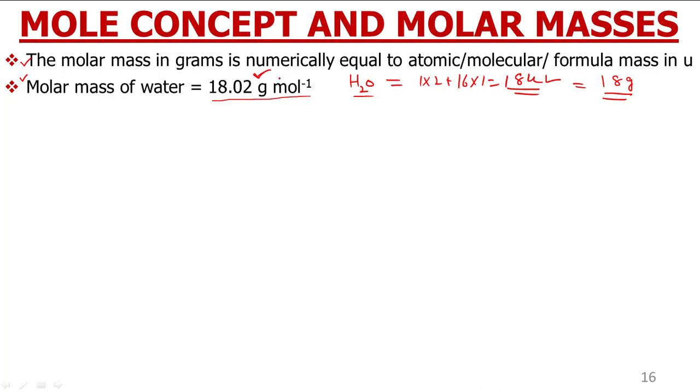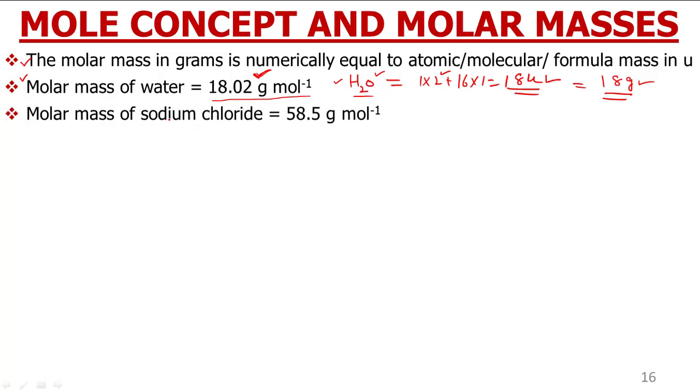If we take average masses, then you will get 18.02. So to calculate the molar mass of anything, just see its formula and calculate its atomic weight from its atoms. That will give you its molecular weight. Like water, it is 18. Similarly, for sodium chloride, it is 58.5, by adding the atomic weight of sodium plus the atomic weight of chlorine.